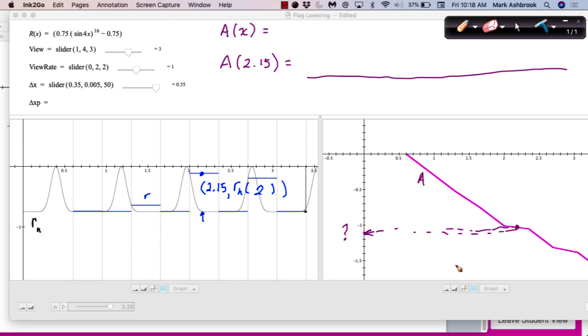We want to write out an expression that's calculating that value of a at 2.15. So what is that? That's all the accumulated change in height of the flag since 0.6. How would I get all the accumulated changes in height of the flag since 0.6? Where does the y value of this point come from?